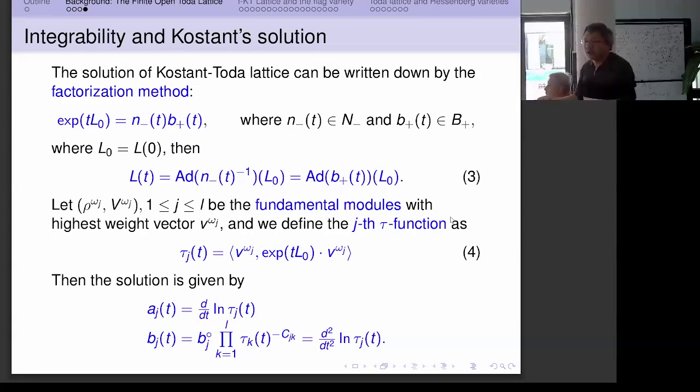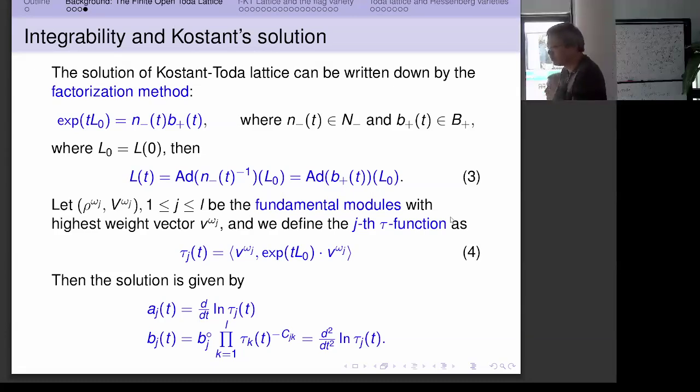So what does it mean in type A? It's quite simple. We know that V omega J is just the wedge product of the J-th exterior power of C^n. You act on it on the right, which just means you take the first J columns of this matrix. And pairing with v omega J tells you to take the first J rows.